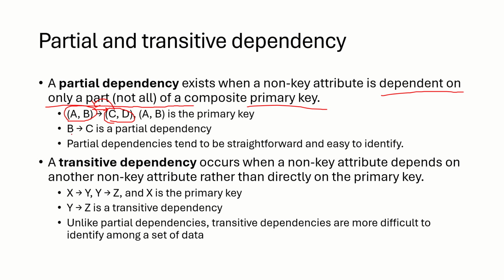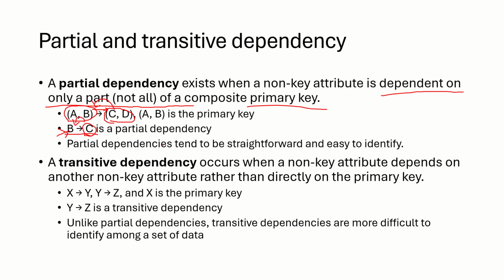We can see that in some cases, C depends on B. As we know, B is part of the primary key, and C is a non-primary-key attribute. So we can see B to C is a partial dependency.